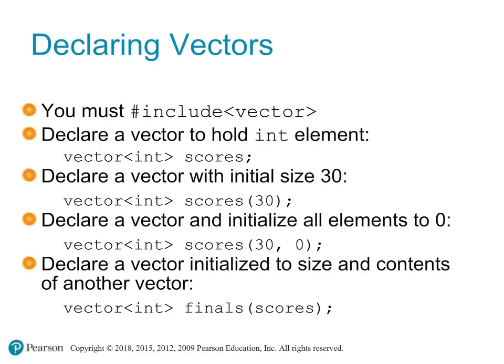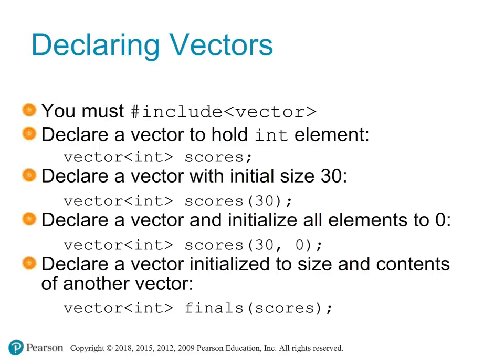So we have a vector, angle bracket integer, then scores. We have 2 arguments, 30 and 0. So it declares a vector with an initial size of 30 and initializes all elements to 0. Vector angle bracket integer, then finals scores.